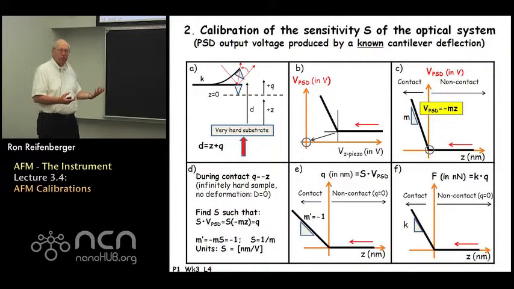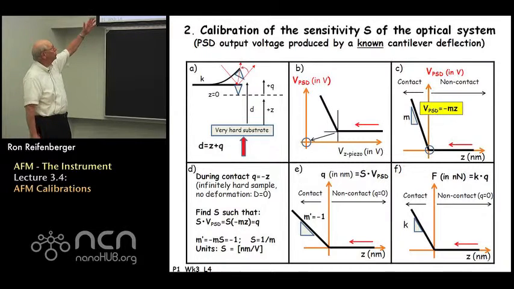So you don't have any useful data because everything's in volts. Depending on how carefully you've positioned your laser on your position-sensitive diode, the force versus distance curve won't even be centered at some V equal to 0. So it'll be floating off in space. And so the first step that you have to do is translate that force versus distance curve so that it's calibrated in the z direction.